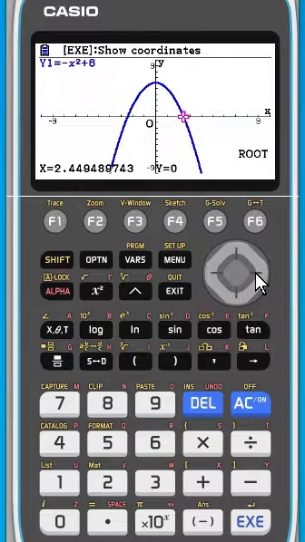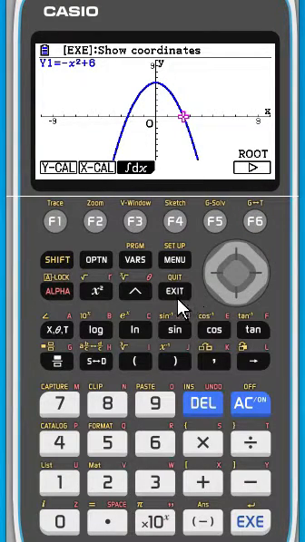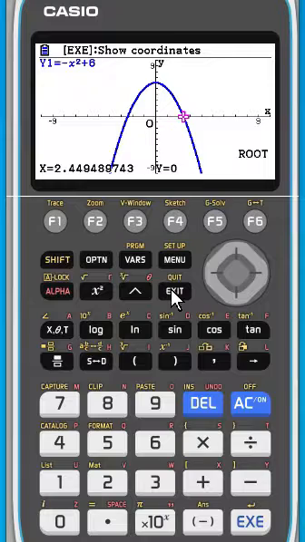Very quick. Similarly, you have some more options here. You can find maximum, minimum, y-intercept, intersect, integration area under the curve, etc. I'll share a more detailed video to explain all these functions later.